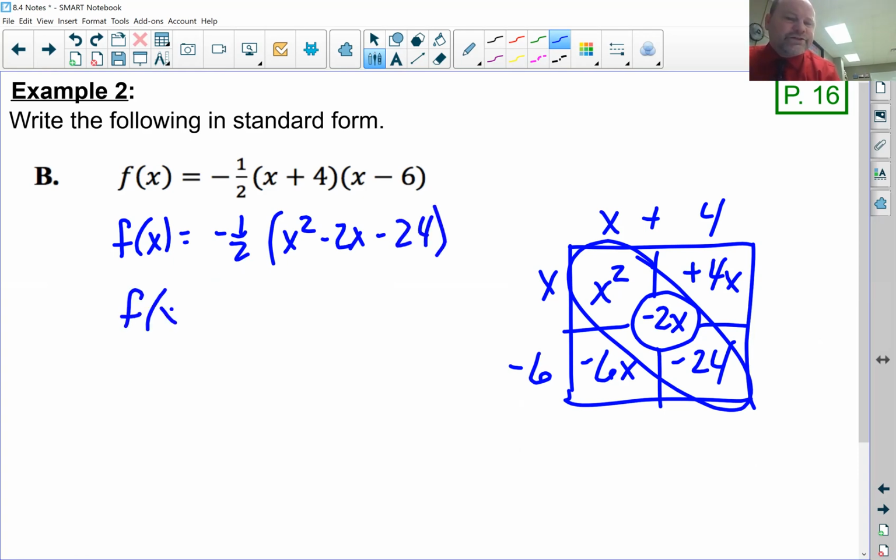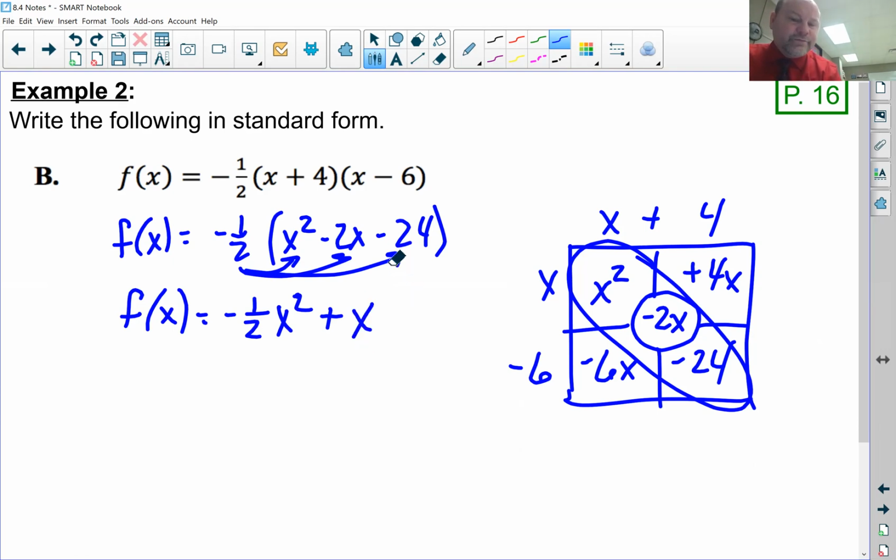And now I need to distribute that negative 1/2. And what might be helpful, multiplying by negative 1/2 is the same as dividing by negative 2. So negative 1/2 times x squared. Negative times a negative is a positive. And again, you could think of this as 1/2 times 2 or as 2 divided by 2.